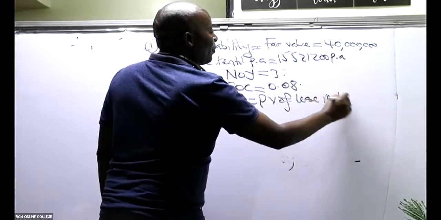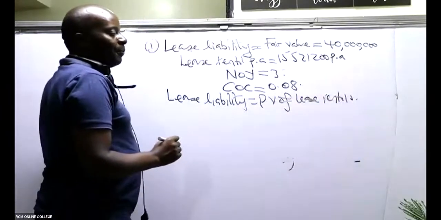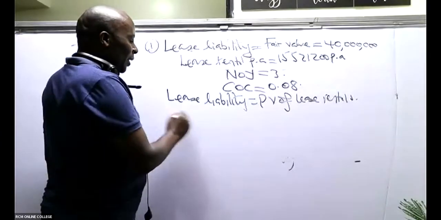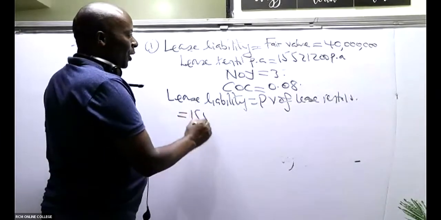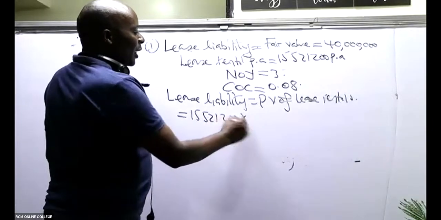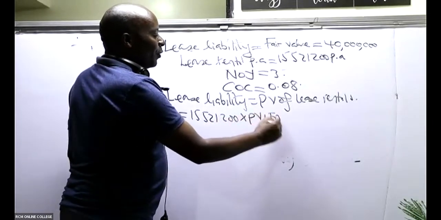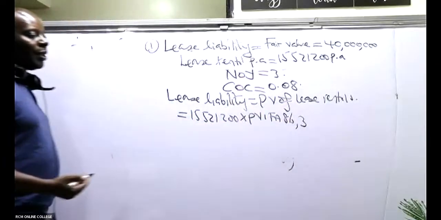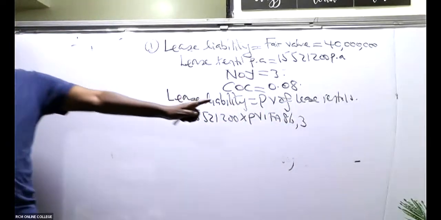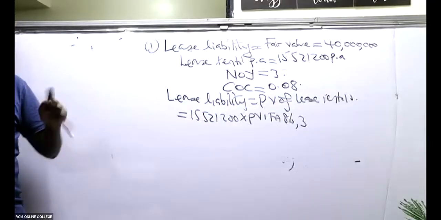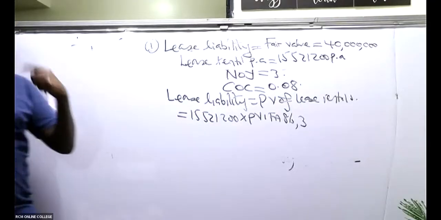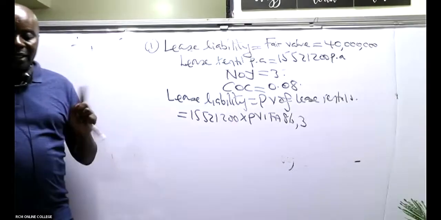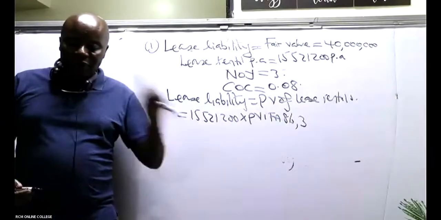In that case, this would have been 15,521,200 times PV for 8%, for 3 years. I will not add 1 plus R there because this one is not being paid up front. It is only the one that is being paid up front that we normally add the 1 plus R. This one we shall leave like that.